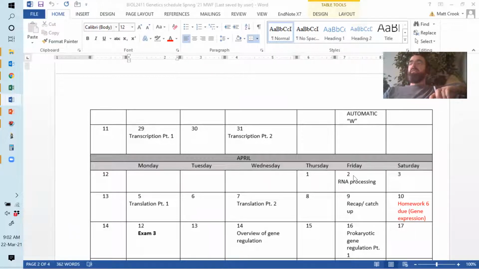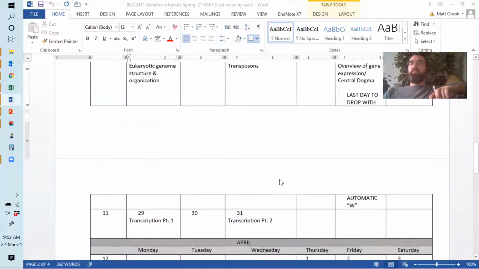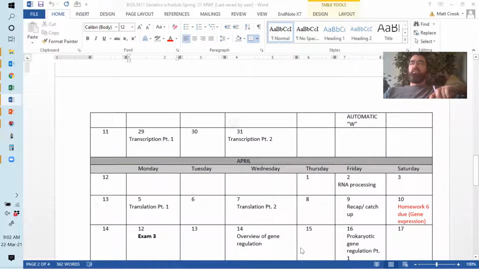Anyway, as you can see by the amount of time that's being spent on transcription and translation, they are very involved, complex things to study. So this section is going to be a lot more abstract than a lot of the math-based stuff that we've worked with so far.